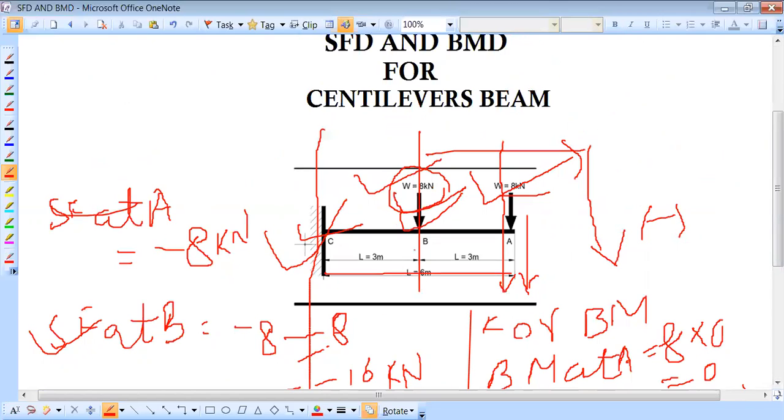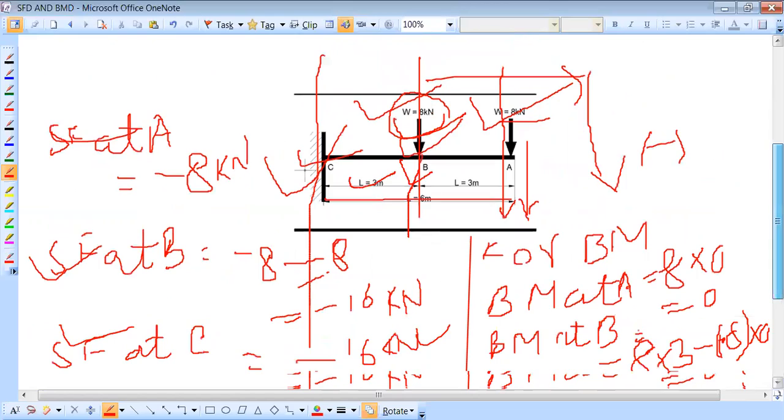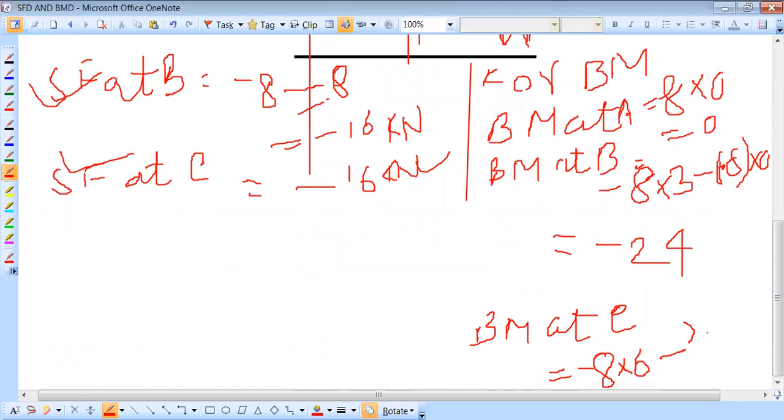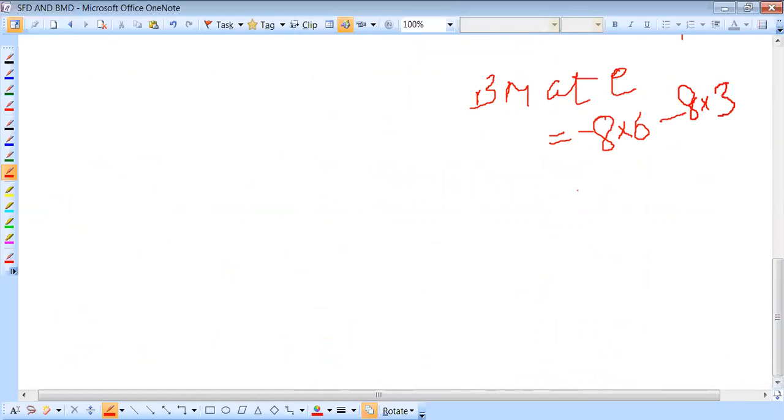Here we can take B to C, the load 8 again and distance 3. You can see that the distance from B to C is 3. So 8 into 3.